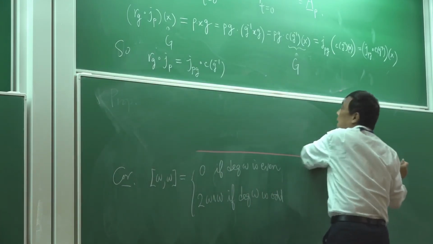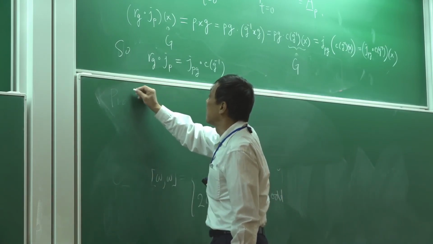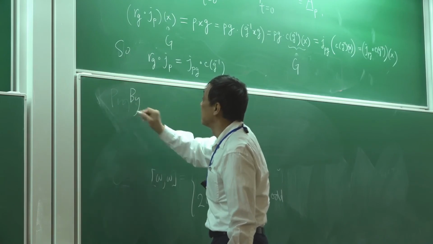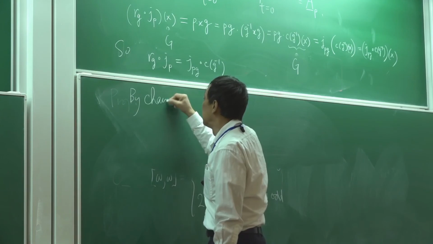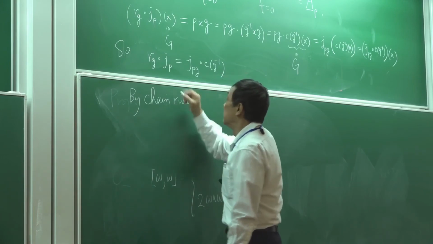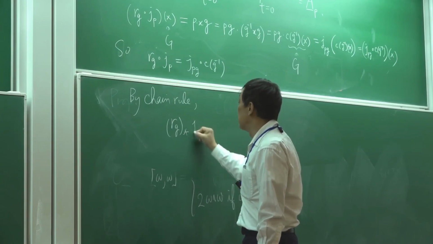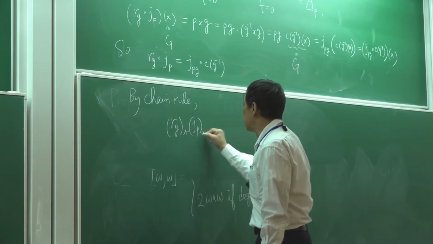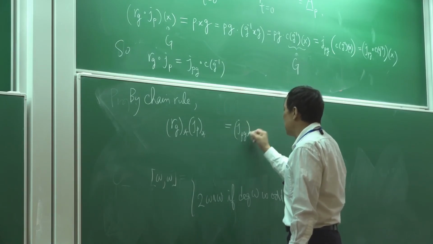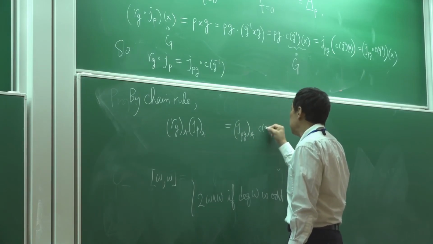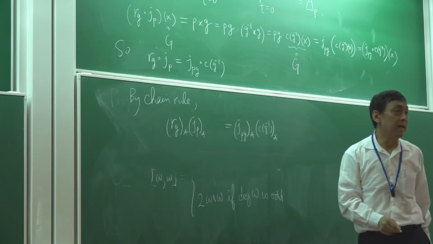And so if I take the differential, so that's the chain rule. By the chain rule, when I take the differential, I get R_g lower star, j_p lower star is equal to j_pg lower star, C_g inverse lower star. Okay?